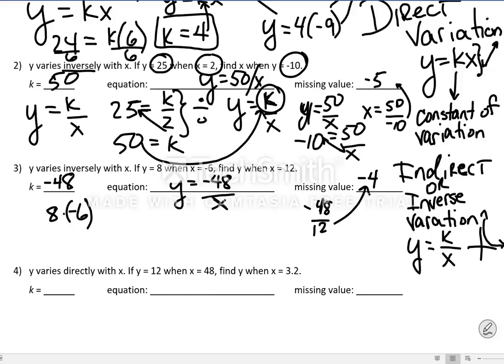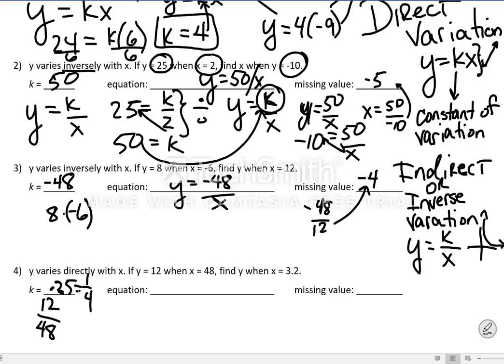Now number 4, this is a direct equation, so I'm dividing 12 and 48, so it's 0.25. My equation, if you had 1/4, that is also correct, depending upon how you wanted to write it.